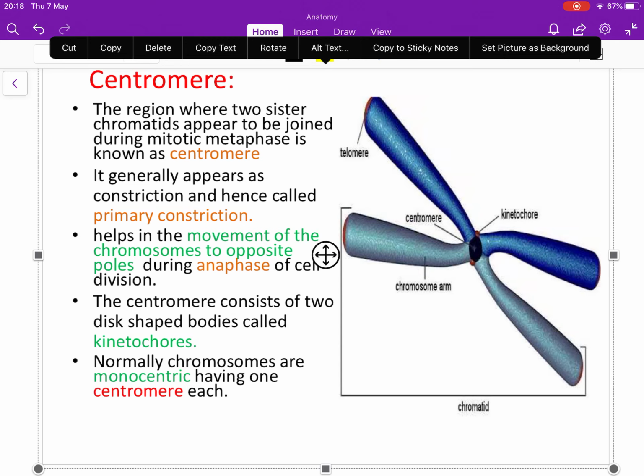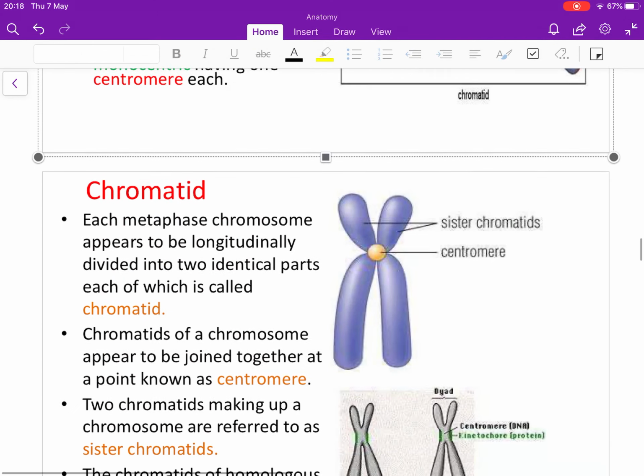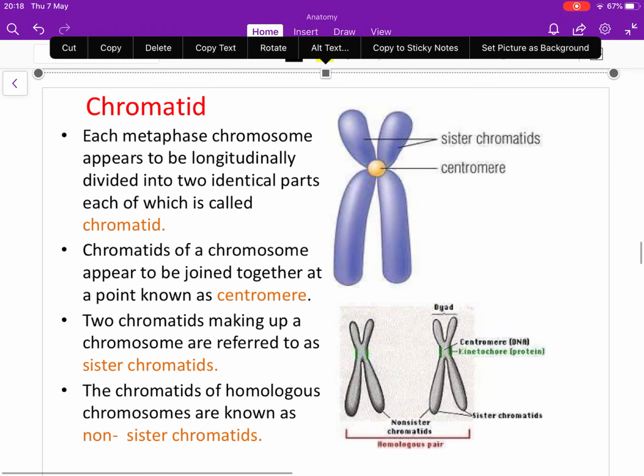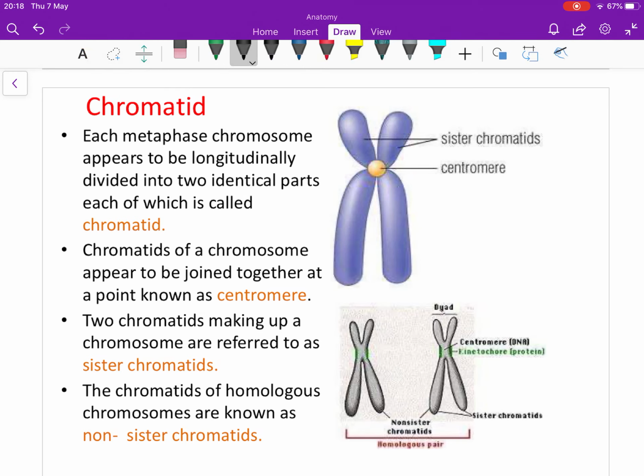See, this is a clear structure. These two sister chromatids are joined together by means of a point, and this point is known as centromere. This centromere generally appears as a constriction, and it is called primary constriction. Now see, this is the second one, and it is known as chromatid.